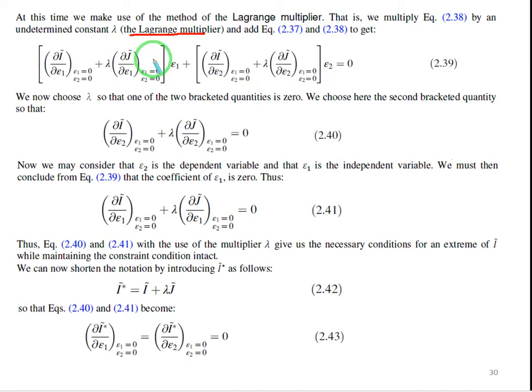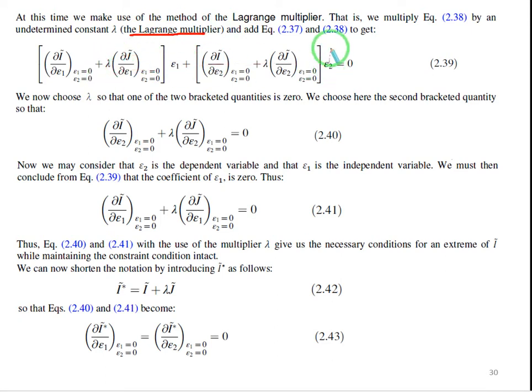So we can easily say that the coefficient of epsilon 1 must be 0 in order to have the zero value for all values of epsilon 1.